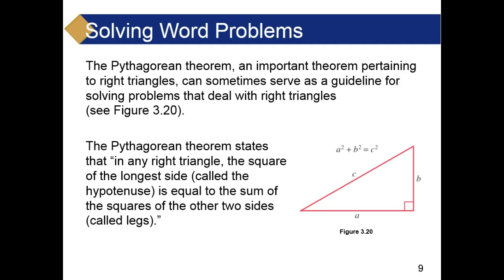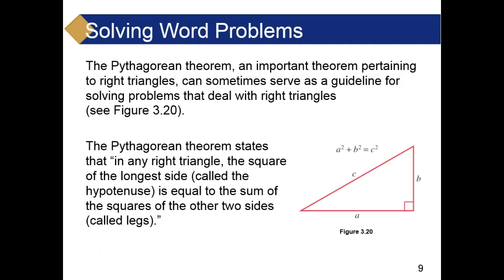The side opposite the next smallest angle is the next shortest side. And the side opposite the right angle, which is the biggest angle, has got to be the longest side. We give a special name to that long side of a right triangle. Hypotenuse, exactly. It's called the hypotenuse.